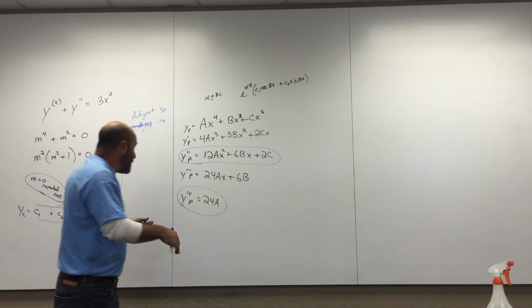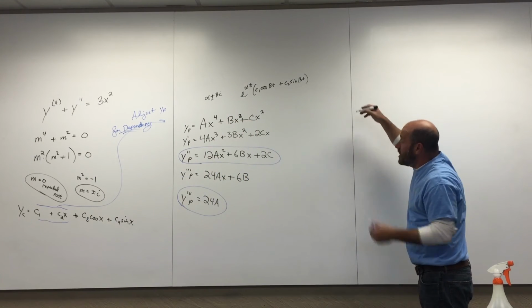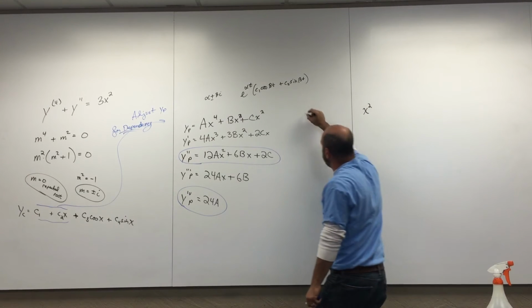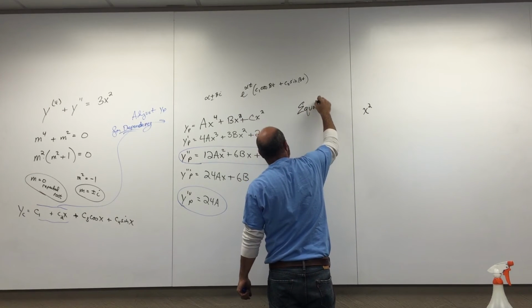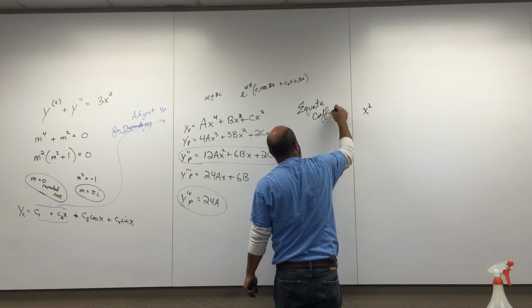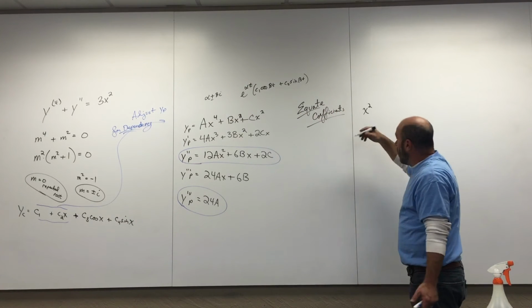If I'm going to equate it, there are different terms I can look for. I'm equating the coefficients of the right-hand side to the left-hand side. And I look at all the different terms.